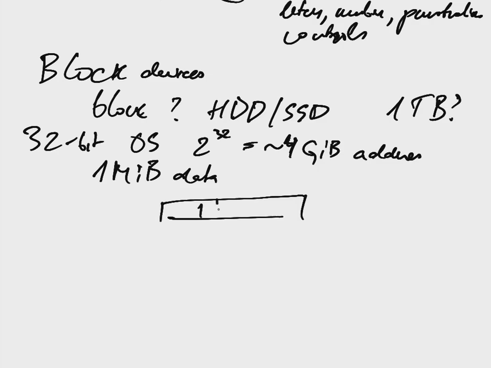So that means you will have blocks here. Each block is 1 megabyte, and you will say my file starts here in my block device with some block here.